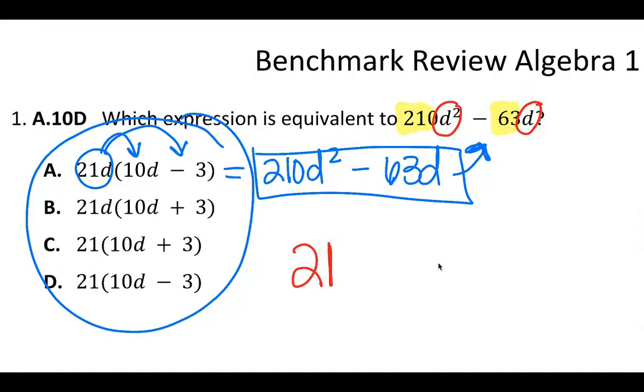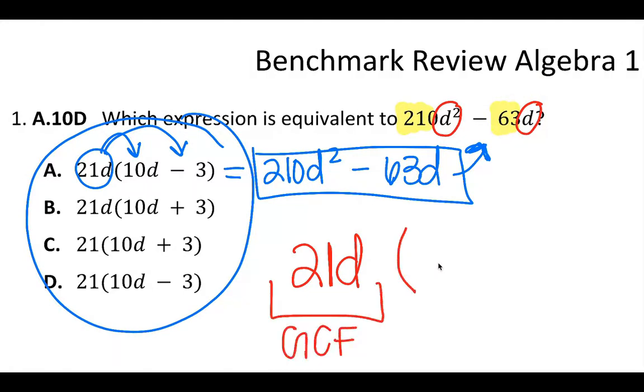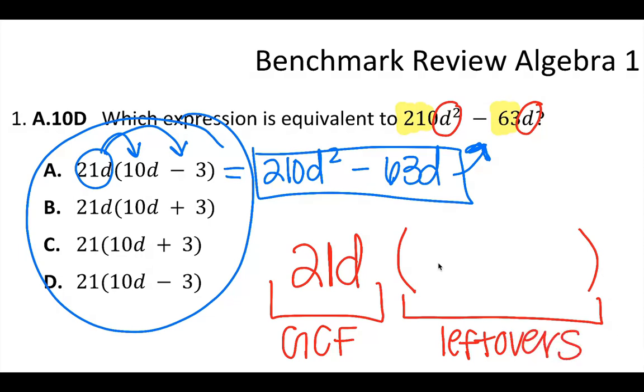So the biggest thing I can take out is 21d. So that's our GCF. Then I put all of my leftover pieces in here. So I need a 10d minus 3.